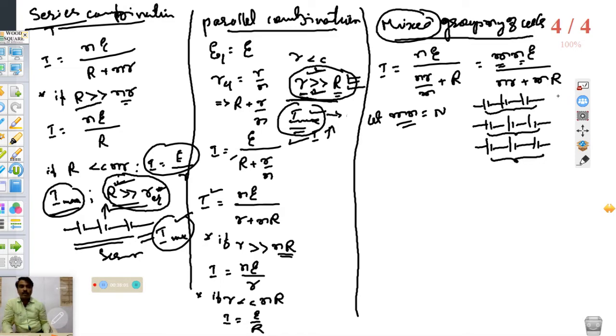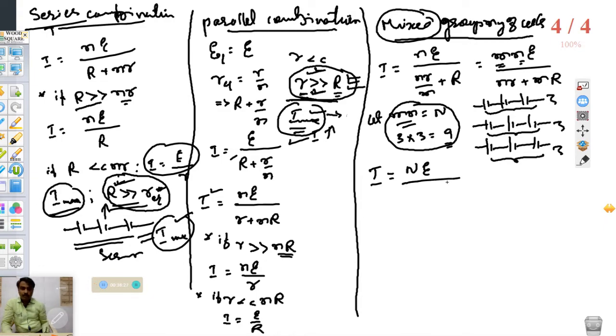Adding 3 plus 3 plus 3 gives 9, so it is better to calculate 3 times 3 equals 9, the total number of cells in the combination. In such a case, I can write the equation for current as n into EMF divided by internal resistance plus n times R divided by N.